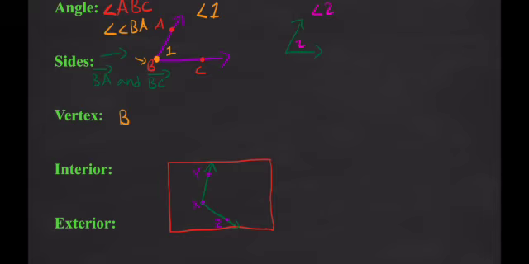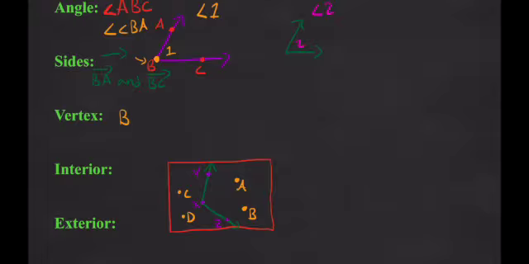Let's put some points in here. We have point A. Let's put point B. Let's put point C. Let's put point D. Points A and B are interior. They are inside angle YXZ.